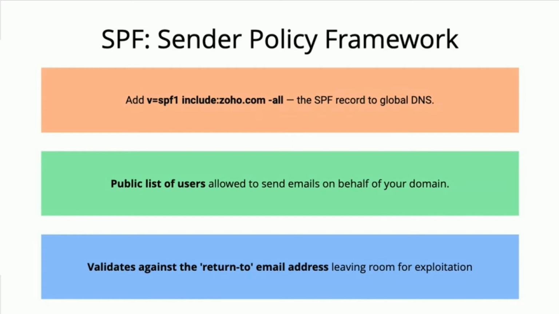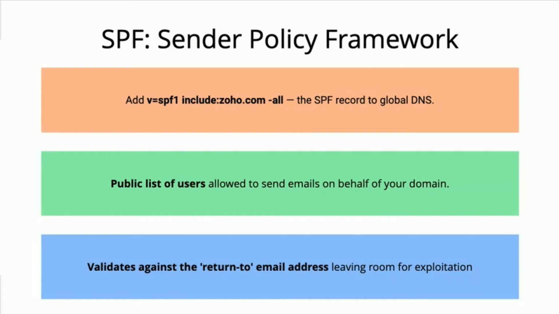So, whenever a server receives an email from your domain, it will check whether the sender server has permission to send emails on your domain's behalf or not with the help of the SPF record you added, because it will be projected in the global DNS and makes it possible for the receiving server to access it.